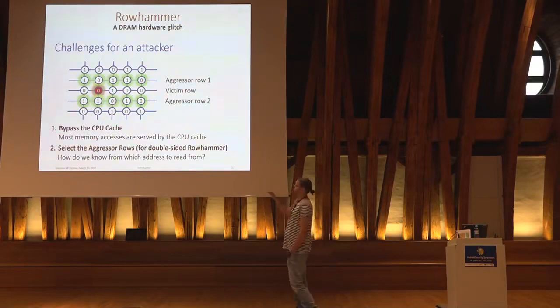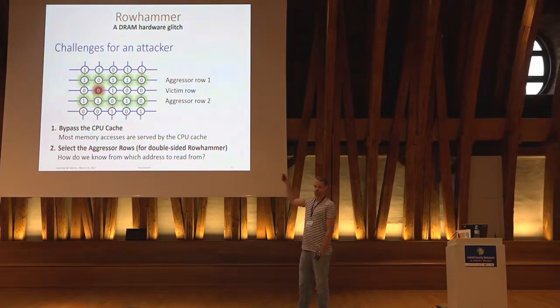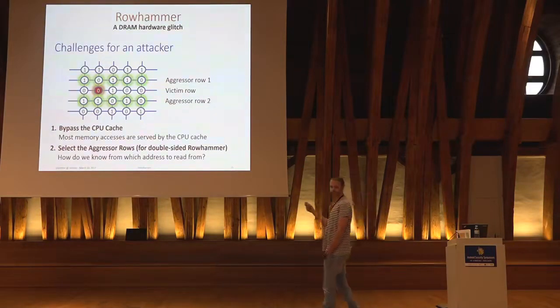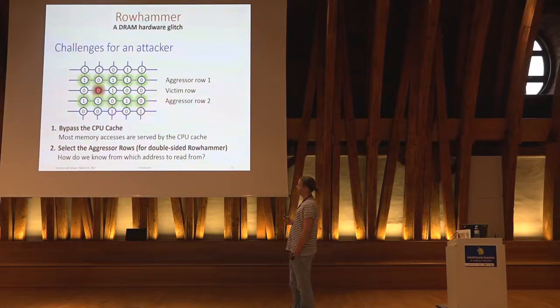And since we're going to read from the same memory region over and over again, this data will end up in the cache. And we want to avoid that because the bug is in the DRAM. The second challenge is selecting the aggressor rows. So if we want to do this double-sided Rowhammer, how do we know which memory to read from?